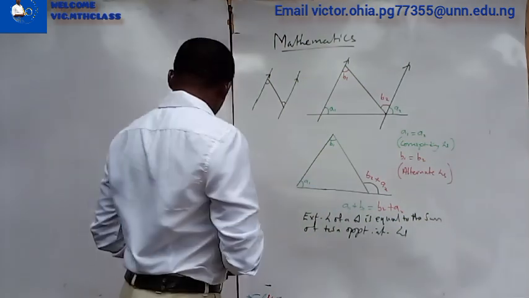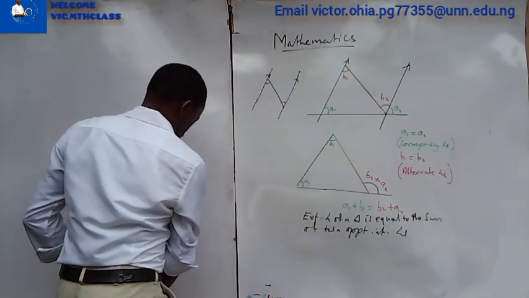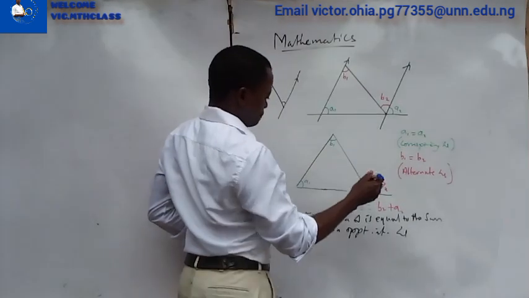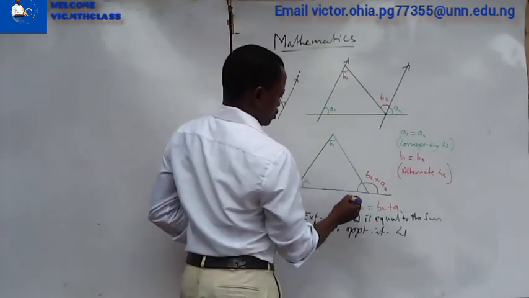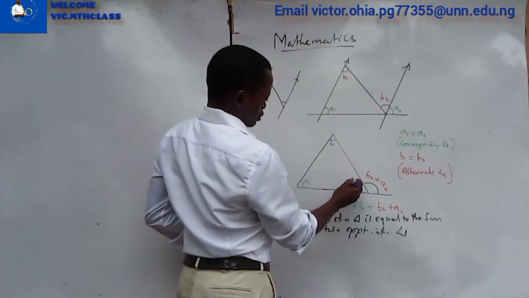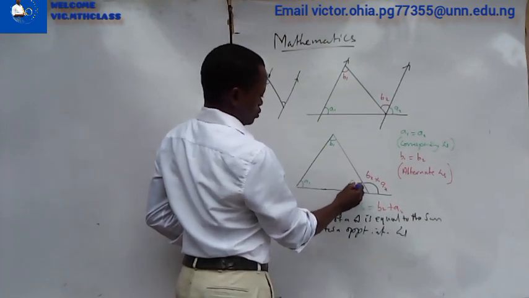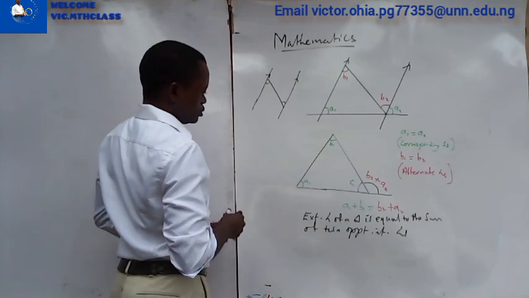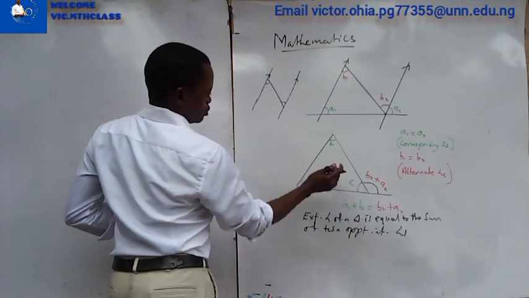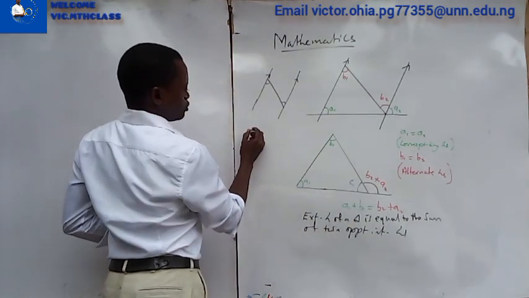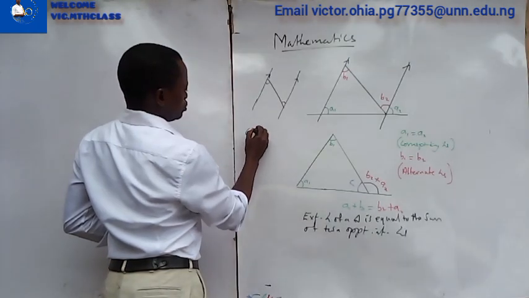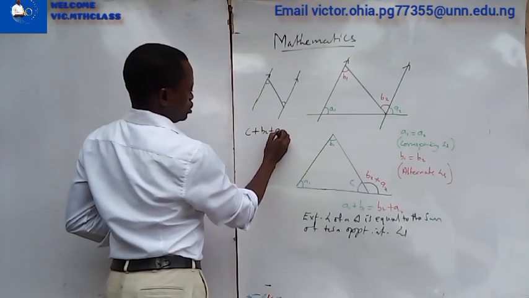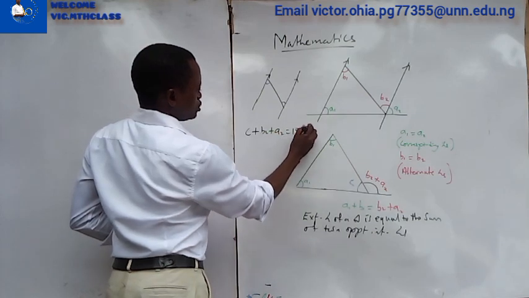Now, if I come back here and put something here, if I put something here as C, okay? So do you realize that here I will be having C plus B2 plus A2 equals 180 degrees.